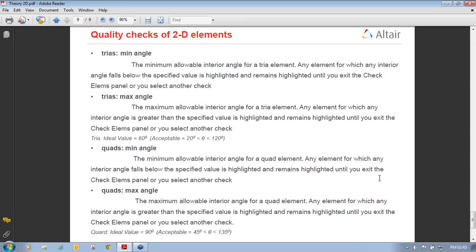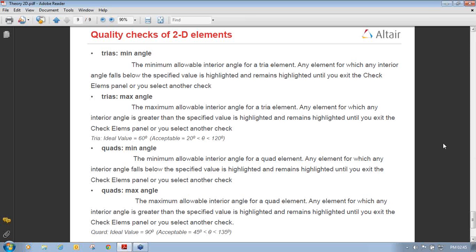The minimum allowable interior angle for a tria element is specified, and any element for which any interior angle falls below the specified value is highlighted and remains highlighted until you exit the check element panel or you select another check.